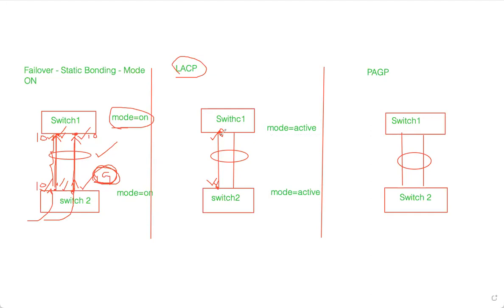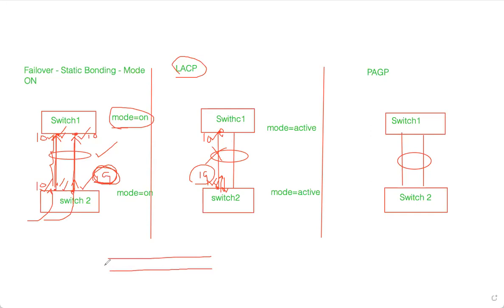For example, if the speed is 10 gig here and 1 gig here, the LACP does not come up. This link will not participate in the port channel because there is a speed mismatch. Similarly, duplex mismatch. Duplex means sending the traffic and receiving the traffic in both ways. That is called full duplex. For example, let's say there is a road.